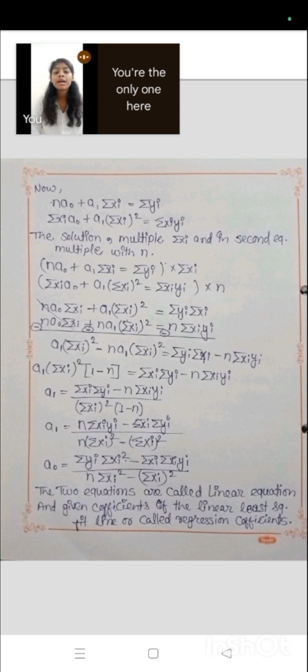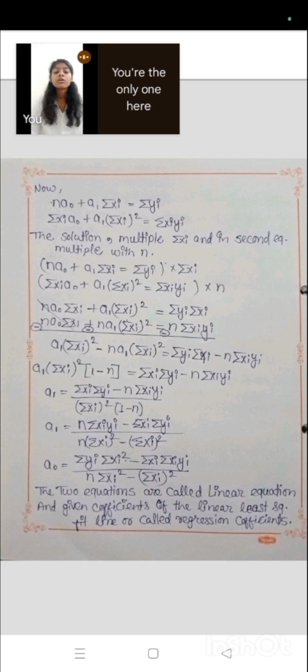So multiplying those equations, we find the two equations: n a0 summation xi plus a1 summation xi whole square is equal to summation of yi into summation of xi, and in the second equation, n a0 summation of xi plus n a1 summation of xi square is equal to n summation of xi into yi.